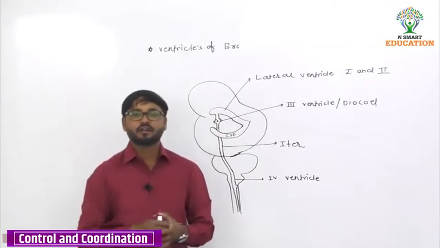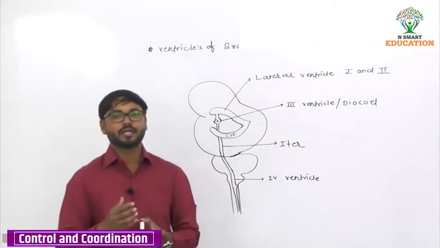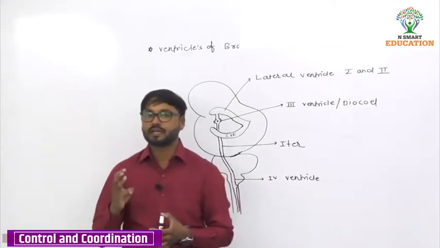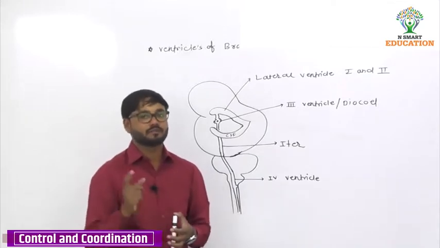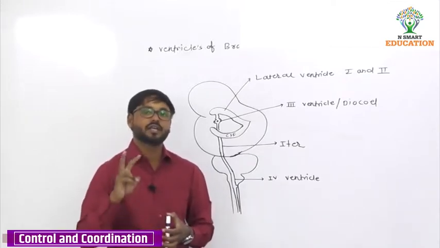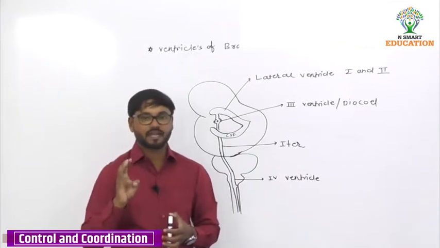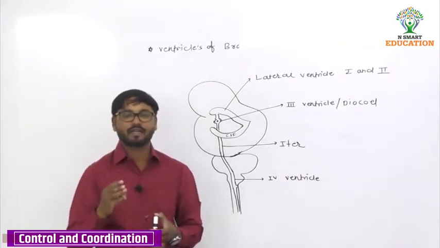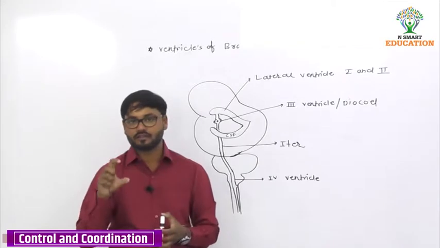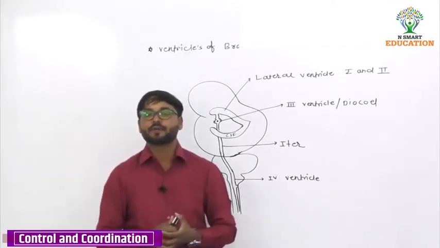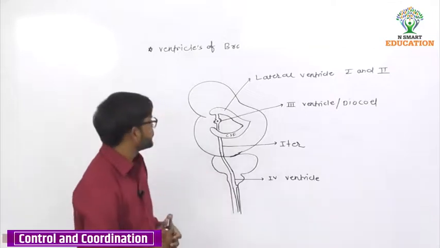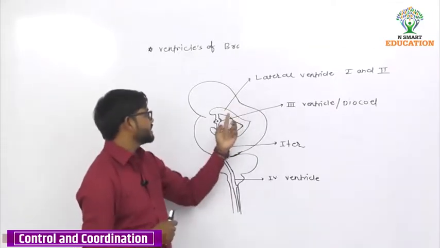In the human brain there are exactly 4 ventricles, but they are categorized into 3 categories, meaning they are divided into 3 parts, so always remember this. The lateral ventricles are 1 and 2.